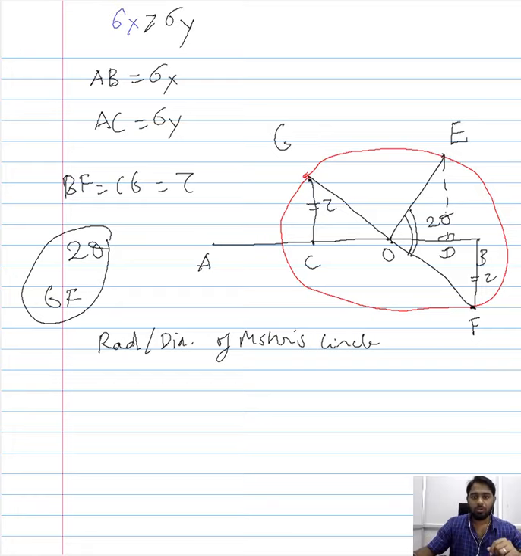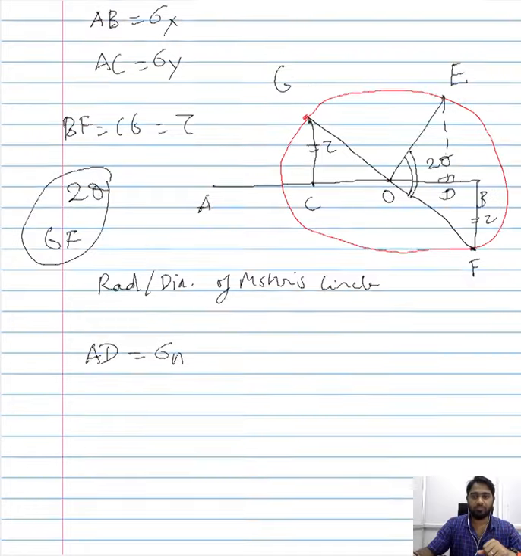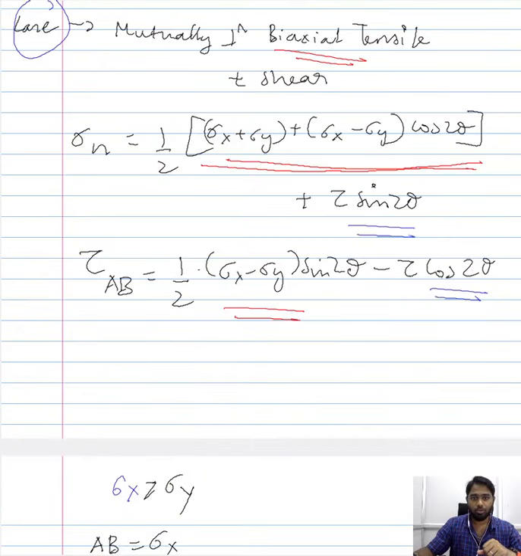Now we want to arrive at an expression for AD, because in the previous cases, with AD we were able to calculate the normal component of stress that is acting perpendicular to AB. Let us see if we get a similar expression. For the condition that we are talking about, that is mutually perpendicular tensile loading along with the shear load acting on the three-dimensional material, we already arrived at an expression for the normal component of stress.